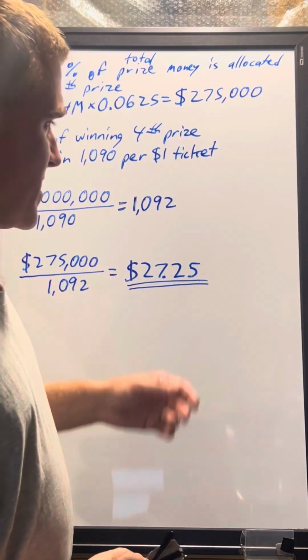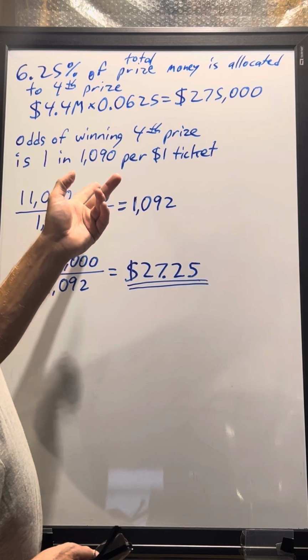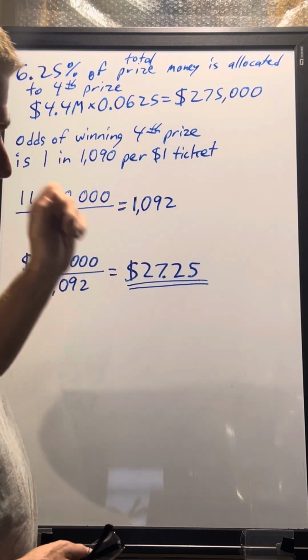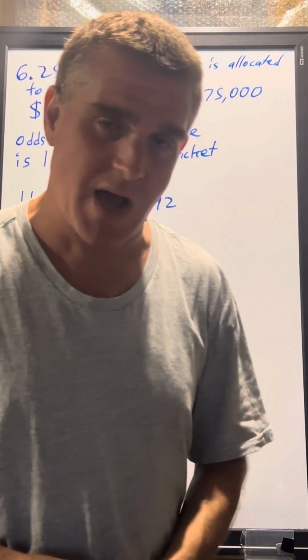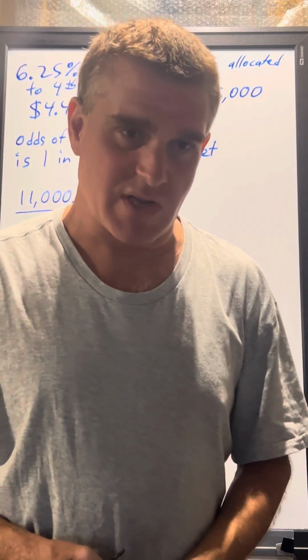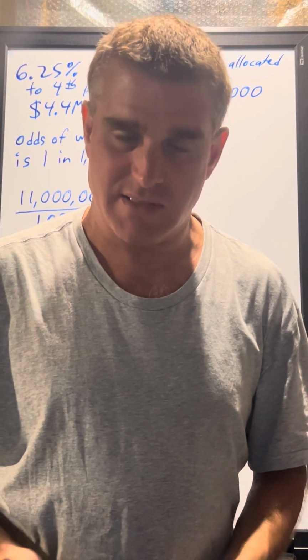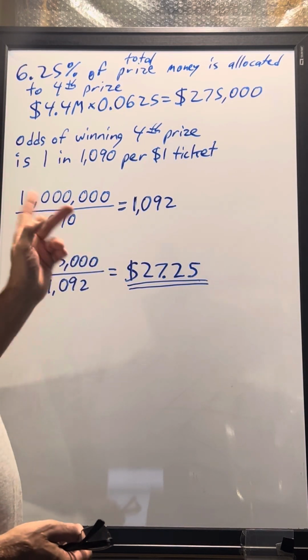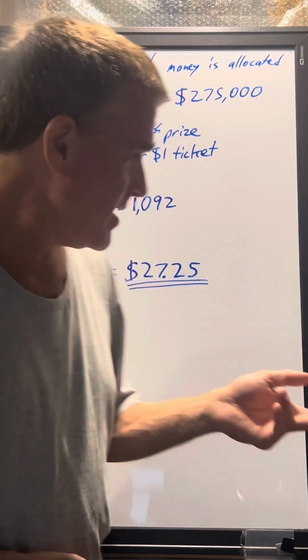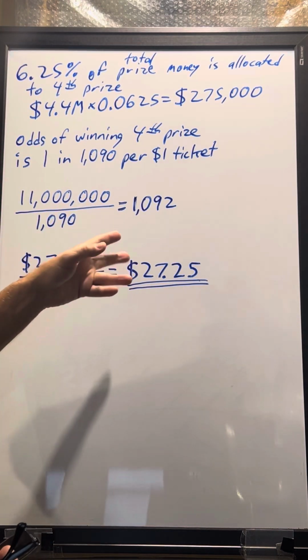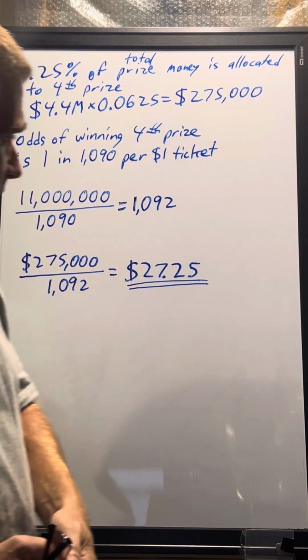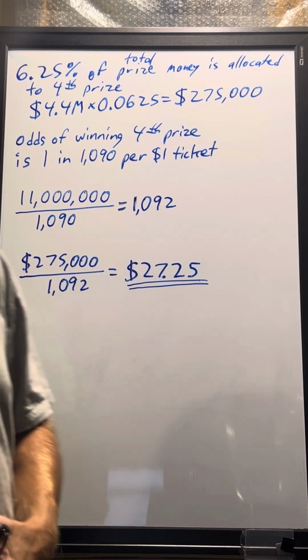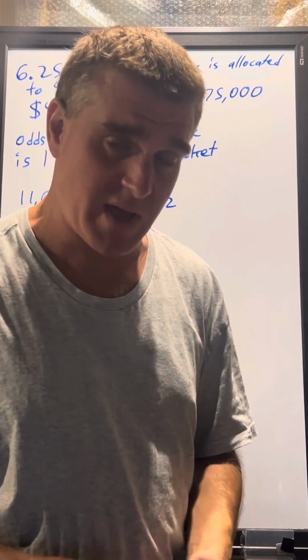So you can expect for every $1,090 spent, someone's going to win fourth prize, statistically speaking. And so if you take 11 million divided by 1,090, you get 1,092. So that means that for this drawing, it can be expected that there are going to be roughly 1,092 winners of fourth prize.